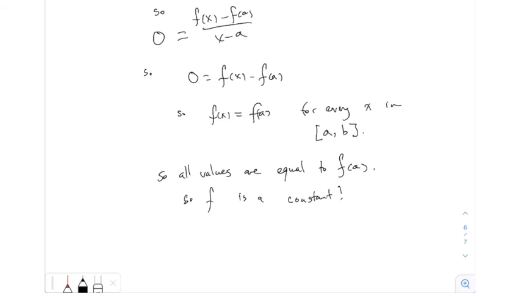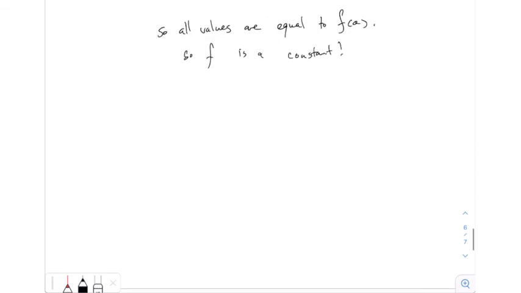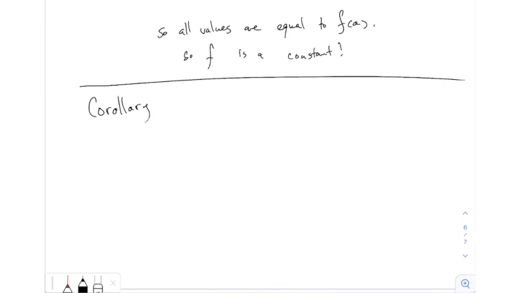The second one is even simpler, but this you may recognize as being important. So this is fun fact number 2. I'm going to say this is a corollary. That's a fancy word for another theorem which follows immediately using the one we just did.